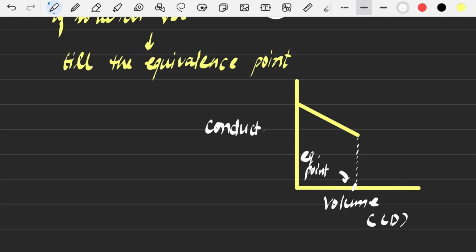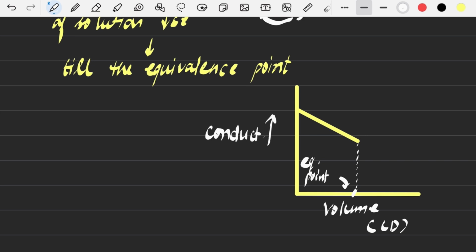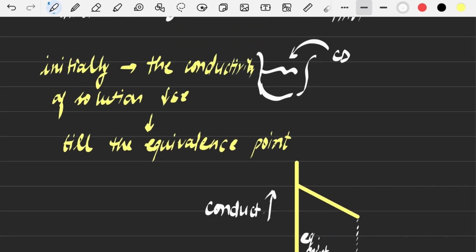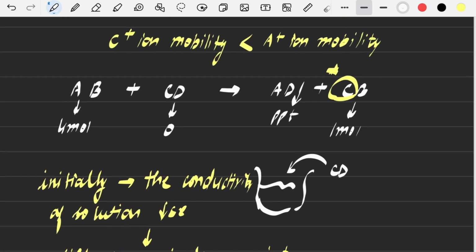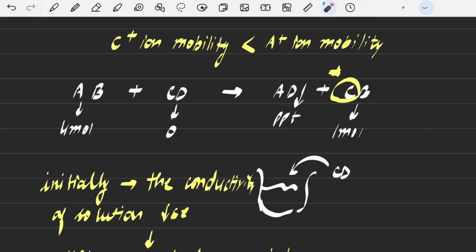But what happens after reaching the equivalence point? Now come back here again. If the equivalence point has been reached, now in the container the complete AB will be consumed, and CD will be consumed, for example if I add 4 mole more, then it will be completely consumed.